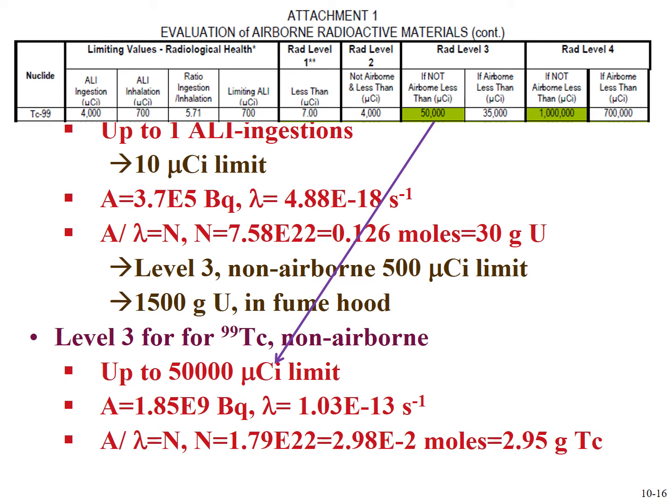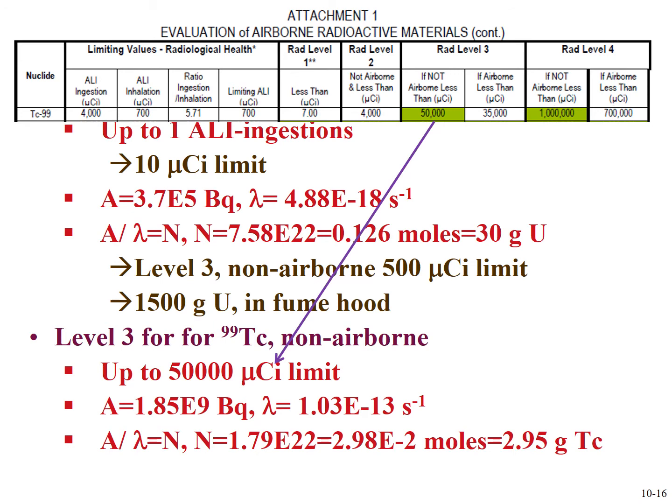And if you look at the data, it's either going to be the limit based upon the ALI or up to 50,000. So technetium hits that limit. One of the reasons that the ALI limit is so high is also coupled with the biological behavior of technetium. Pertechnetate ingested is readily passed, which is one reason that it's used in radiopharmaceuticals.